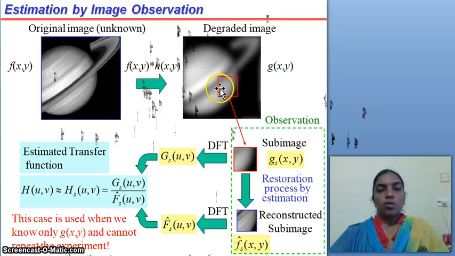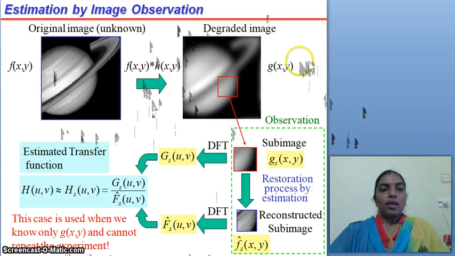So the user should restore from this degraded image to get the expected image. Even if you don't know the exact one, by applying some techniques he can get the original image.